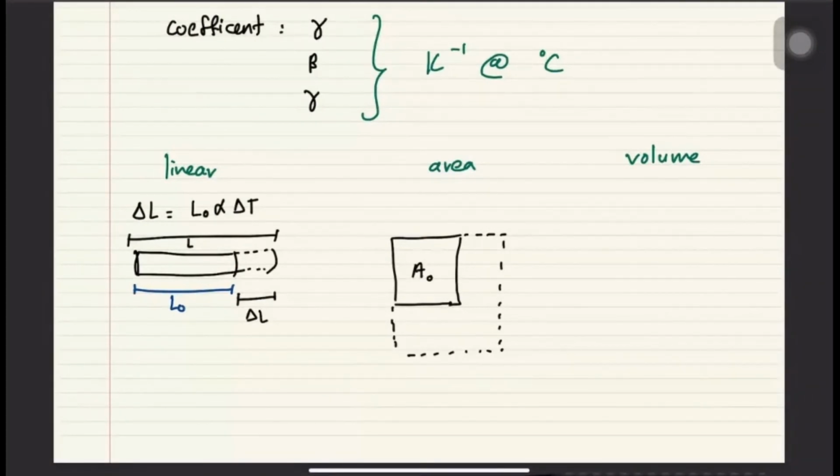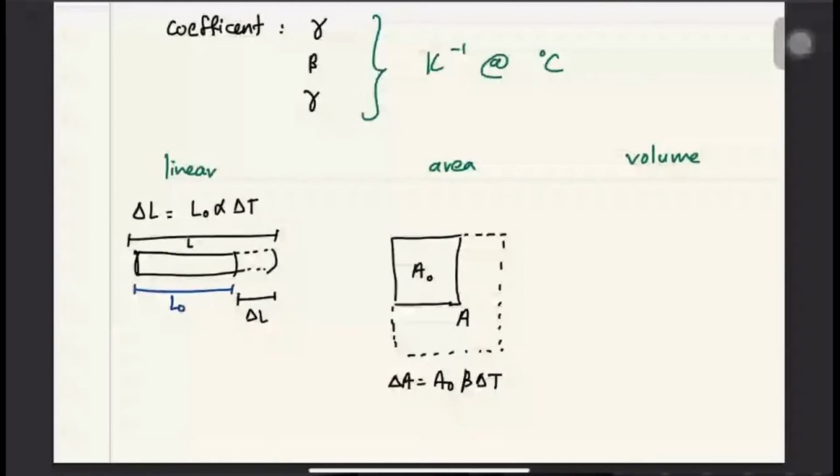This is your new A. And then delta A is the difference lah. So delta A over here is equals to A naught beta delta T. Okay, dia jarang kasih nilai beta tu tau. Instead dia akan kasih nilai alpha. So you can find beta by multiplying with 2. Senang je.